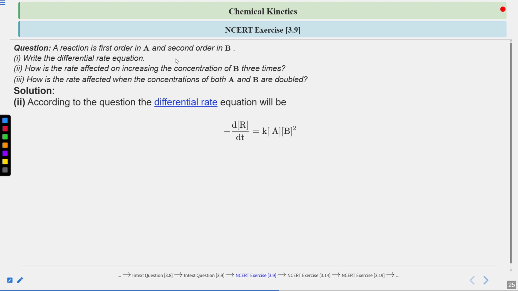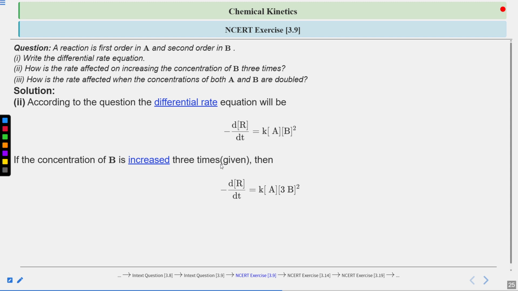Now the B concentration is increased by three times. So minus dR by dt will become equal to k multiplied by A concentration multiplied by 3B whole square, because B concentration increases by three times. This is how the rate is going to be affected.